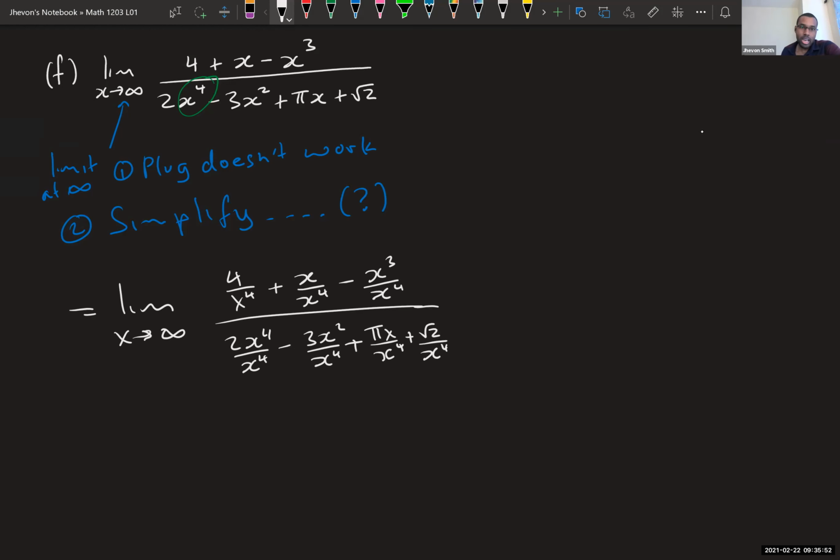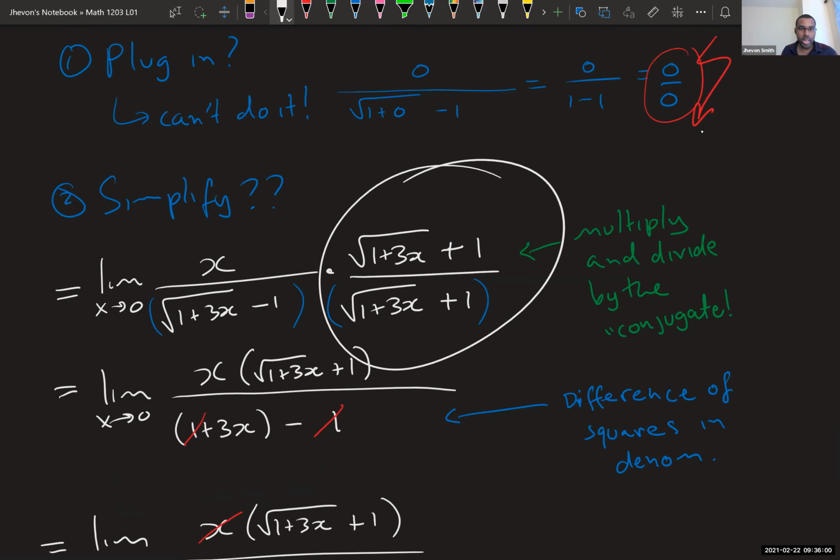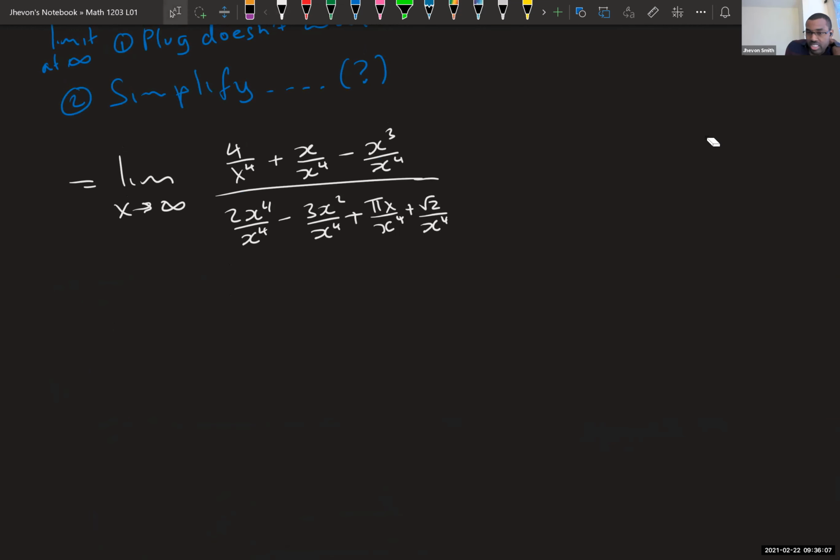Is that legal? Yeah, because really what I did was multiply by 1 over x to the fourth divided by 1 over x to the fourth. So it's the same idea as multiplying and dividing by the same thing. I'm not actually changing the values. When I divide the top and bottom by the same thing, it's essentially equivalent to multiplying by 1.